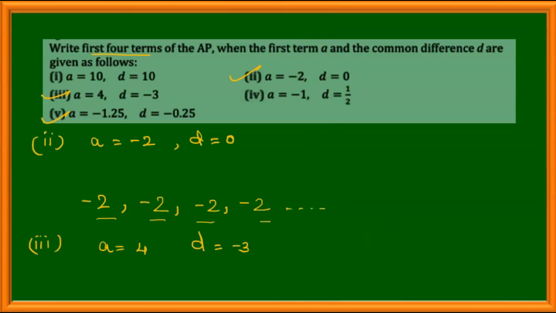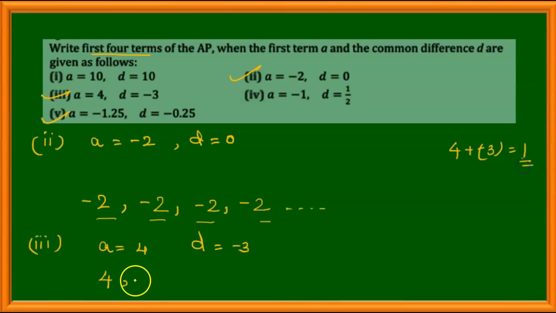Simply what you should do here: write the first term and then add minus 3 to that one to get the next. So 4 plus minus 3, no doubt in this one, it's getting 1.